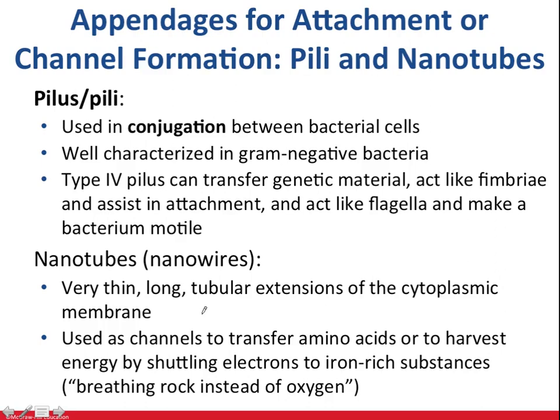The nanotubes work as channels to transfer things such as amino acids or harvested energy by shuttling. They can also communicate by using electron waves. This is called breathing rocks instead of oxygen.